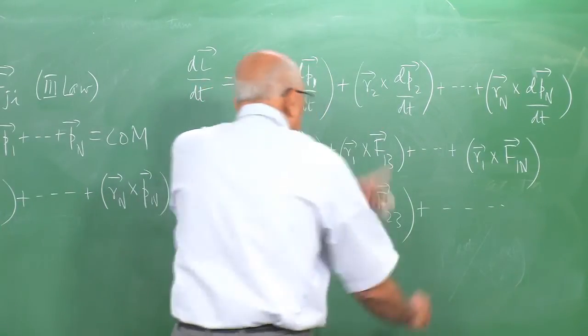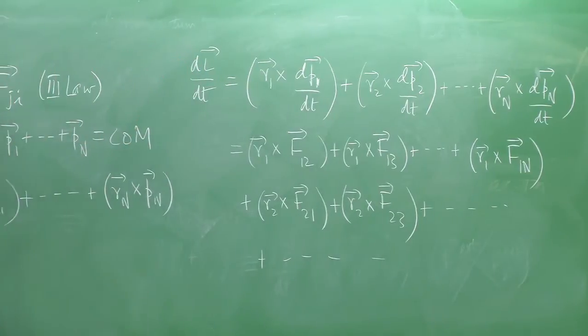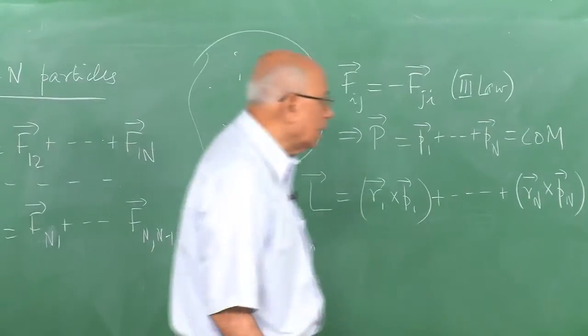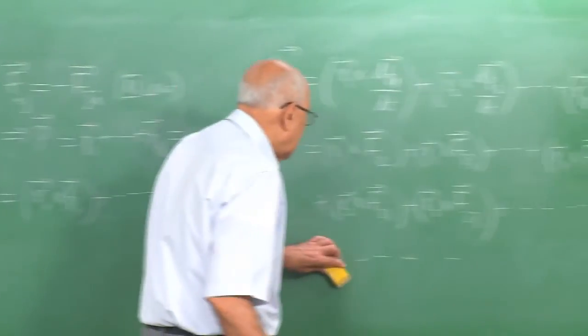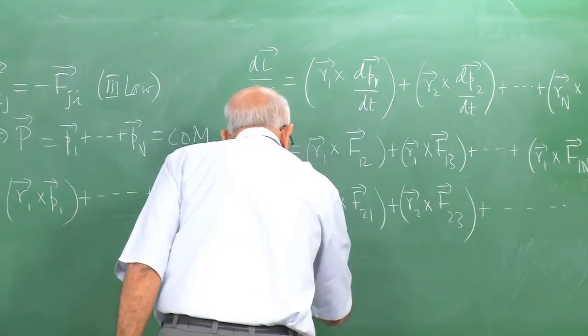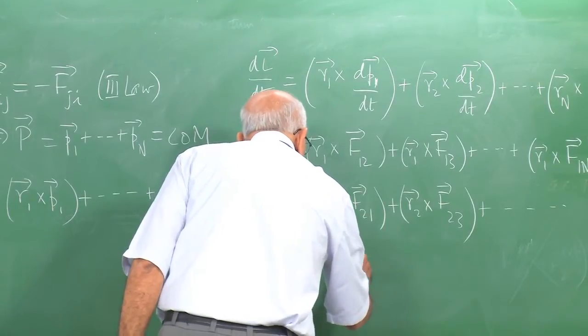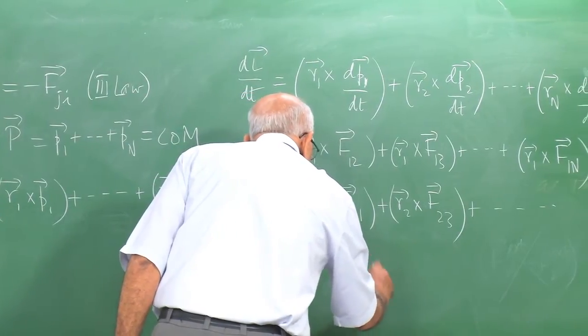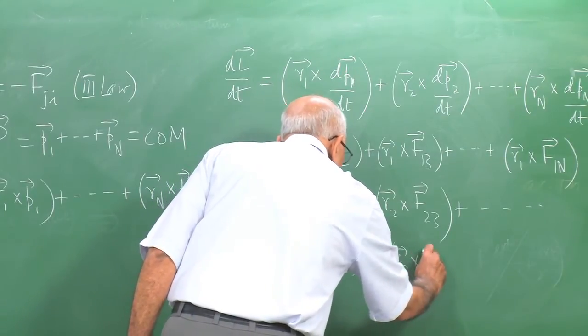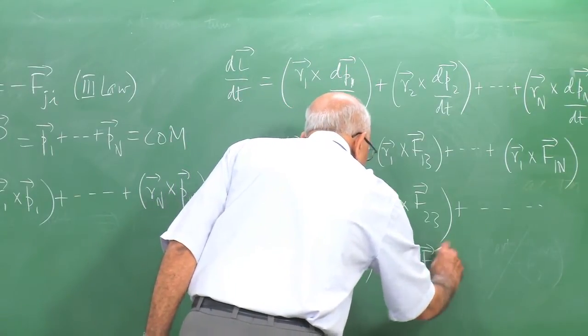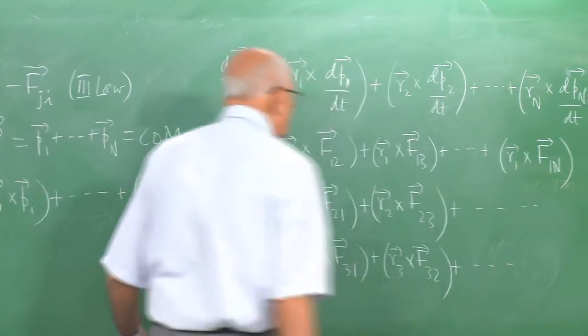We don't need to write all of them down because we can see the pattern immediately. Let me write just one more term, and that's the next line, which is plus r3 cross F31 plus r3 cross F32 plus etc. and so on.